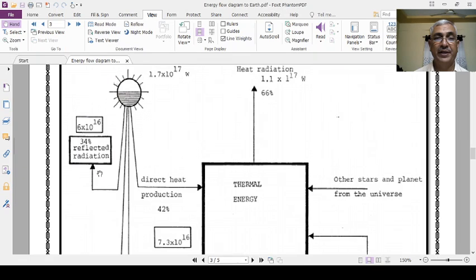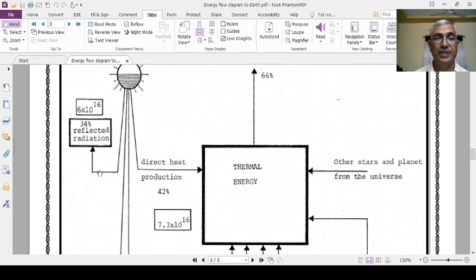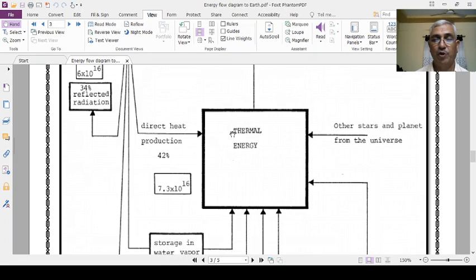What is the remaining 66%? Of which 42% is direct heat production in the atmosphere, which will go to the thermal energy from the Earth.